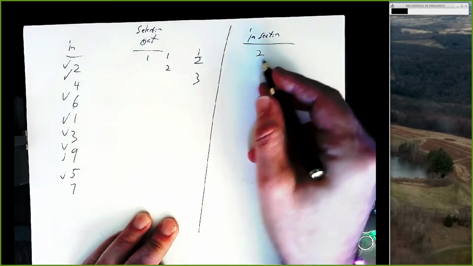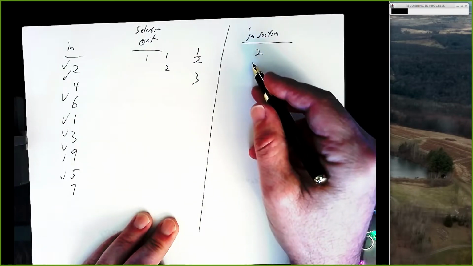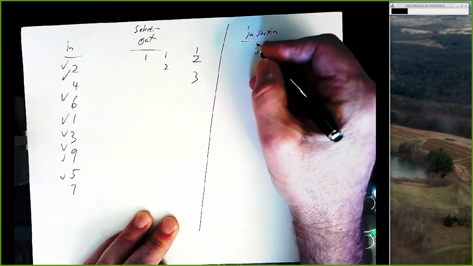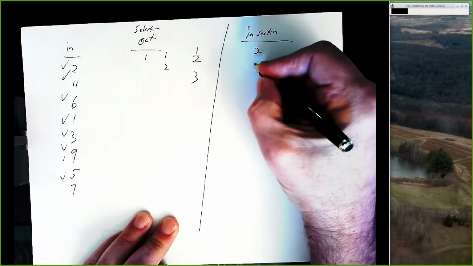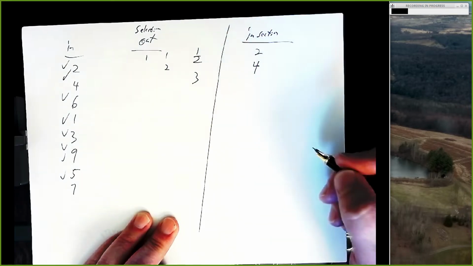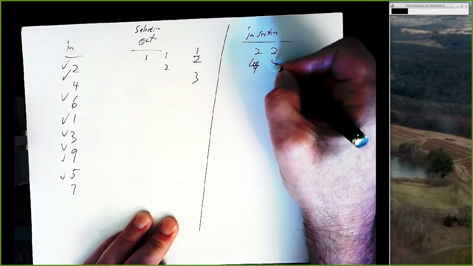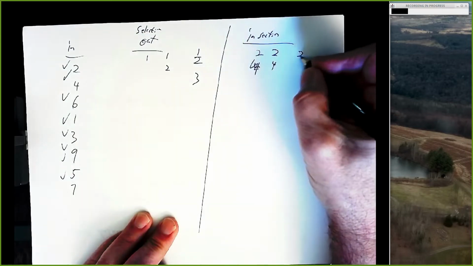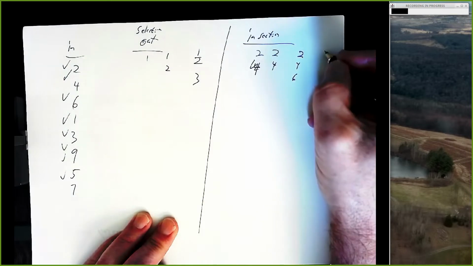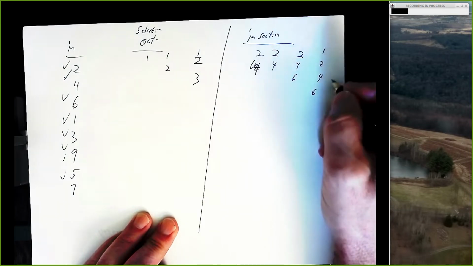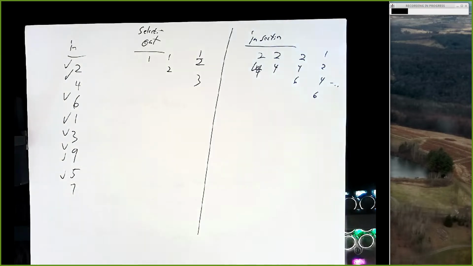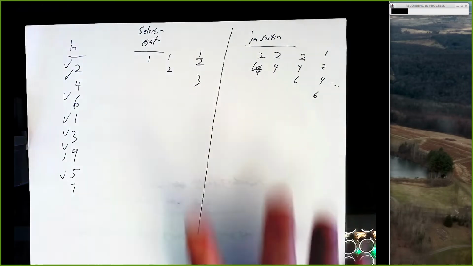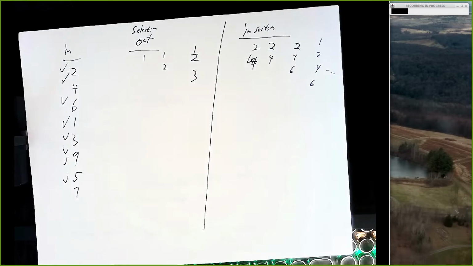We take the first thing, we put it in the 2 because it's the only thing in there. We take a 4, we're going to put that into our output list, but we're going to put it in the right spot, so it's going to come after that. So our second list would look like this, and then a 6 would look like this, and then when we get the 1, it'll look like this, and so on. And so those are both order n squared.